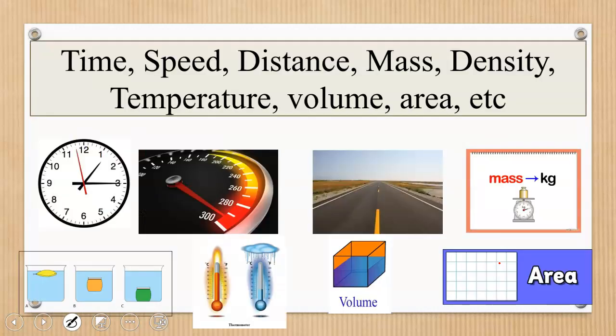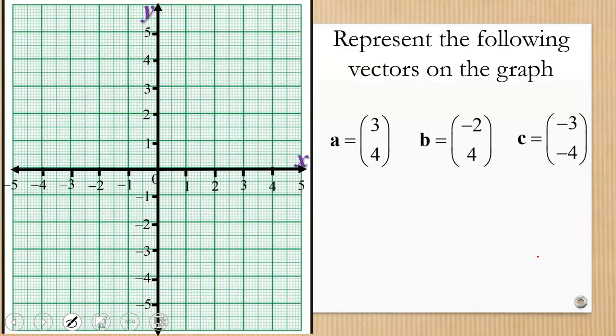Examples can be speed, time, distance, mass, density, temperature, volume, area of a surface, etc. All these are also scalar quantities. But we want to concentrate on vector quantities, and we say vectors have both magnitude and direction.